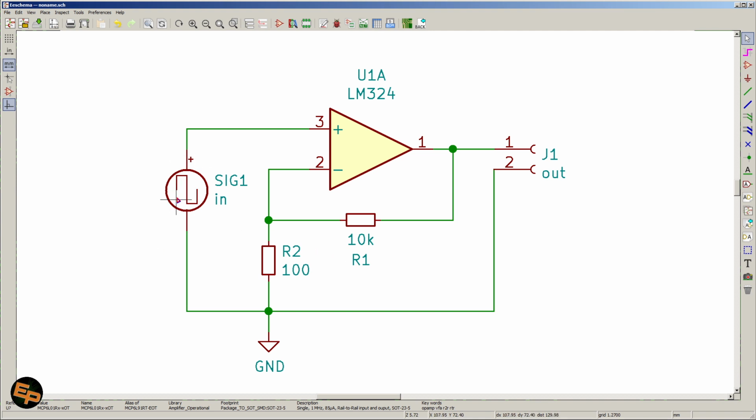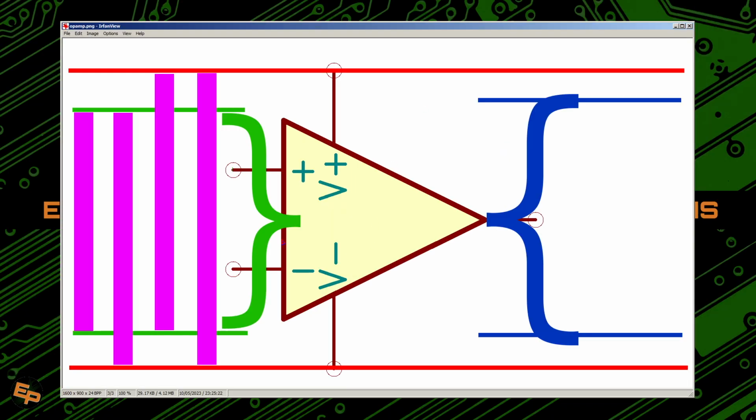I'm applying a square wave input signal, and I'm taking a look at the output on an oscilloscope. In the first case, I respect both the input and output voltage ranges. So I'm inputting a very small signal that even when amplified by 100 results in an output signal that is still within the boundaries of the op-amp that I'm using.